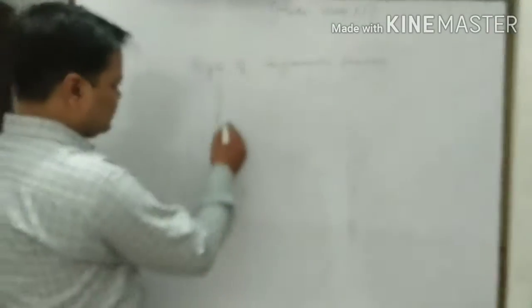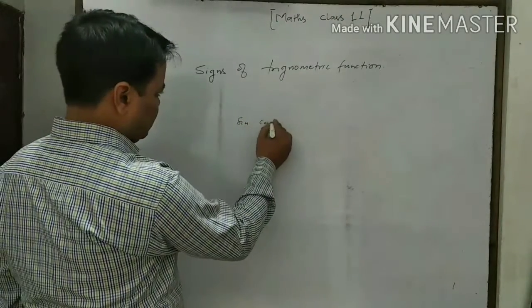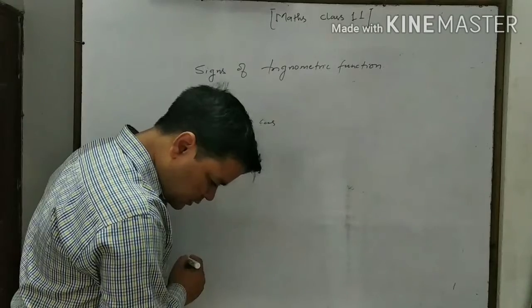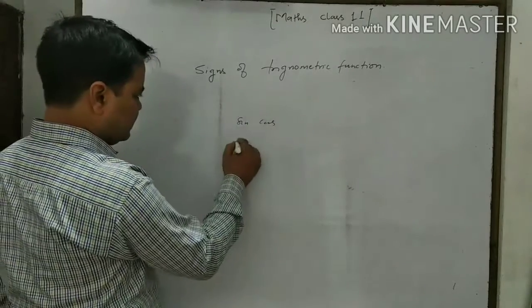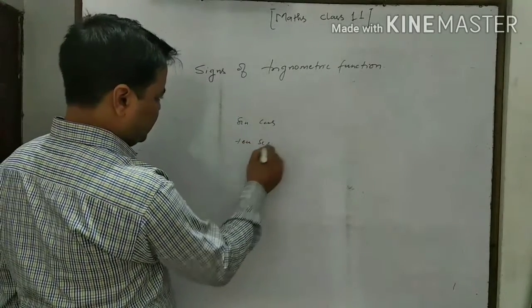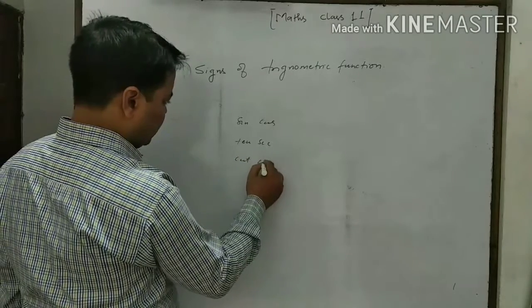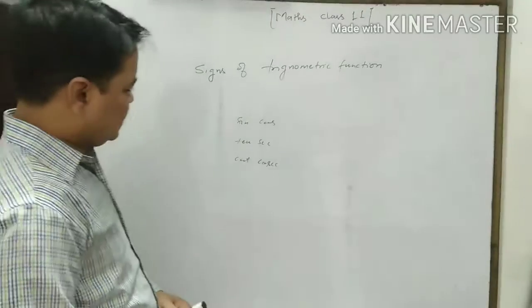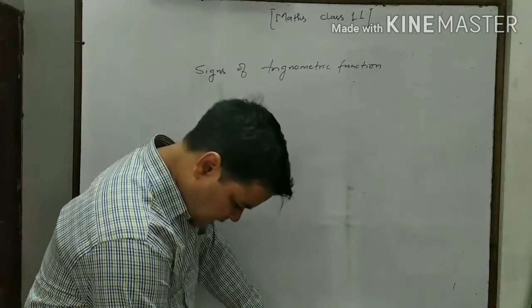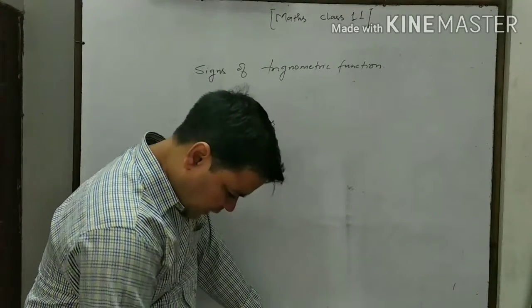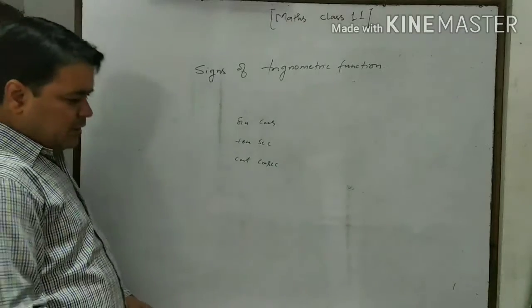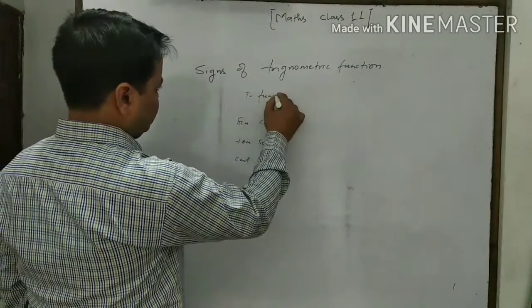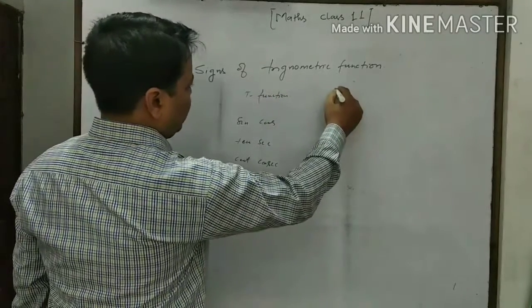Trigonometric function: sine, cos, tan and sec, and here cot and cosec. Here it's a trigonometric function, and here domain.